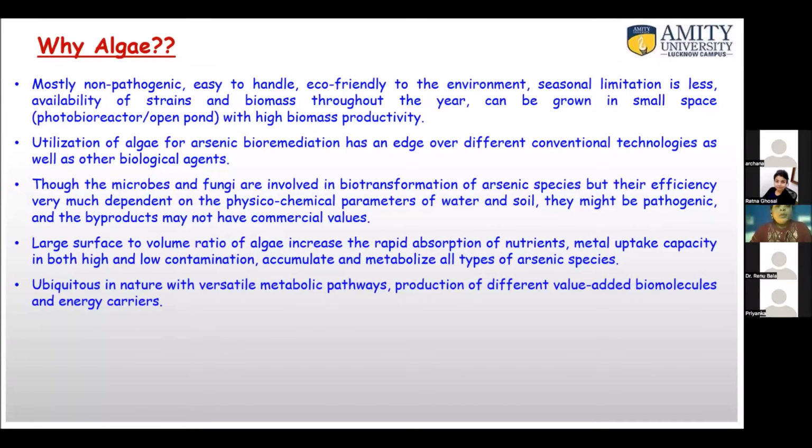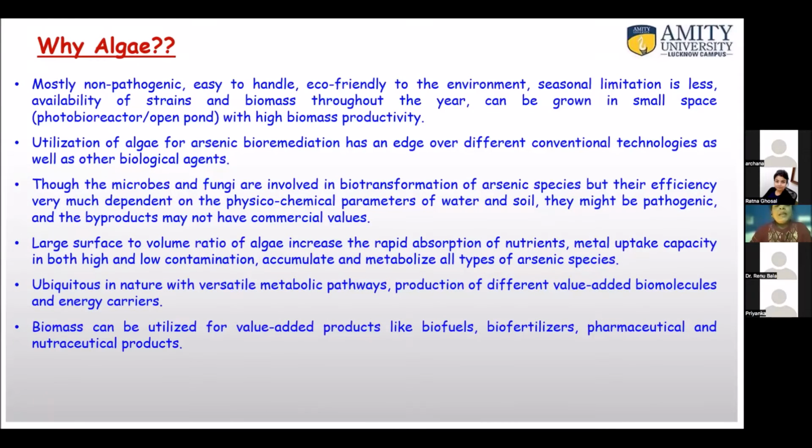They are ubiquitous in nature, and that means you can find everywhere. And they have versatile metabolic pathways and production of different value-added biomolecules and energy carriers. Biomass can be utilized for value-added products like biofuel, biofertilizer, pharmaceutical and nutraceutical products.